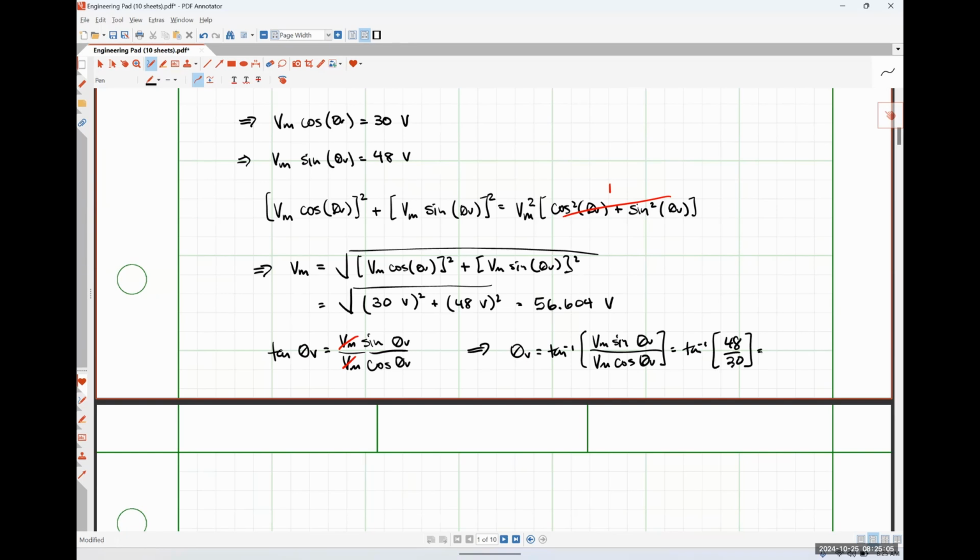So if I do the arctangent of 48 over 30, I get positive 57.995 degrees.